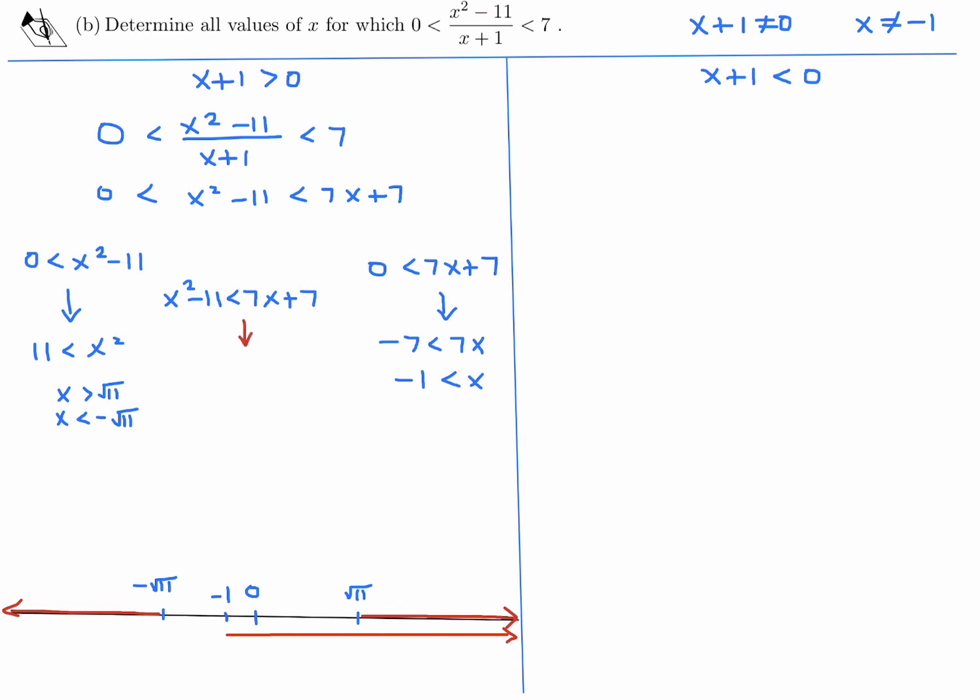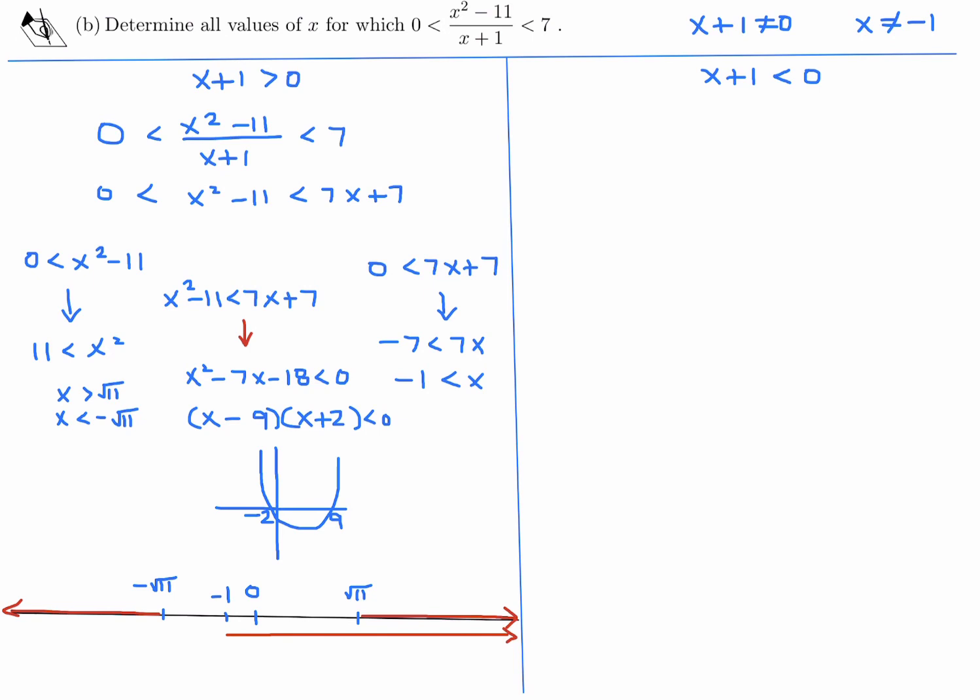Okay, now finally we got this one. And that one, we'll put everything on one side: x squared minus 7x minus 18 is less than 0. Factor this, and when you do, you get x minus 9 and x plus 2, I believe. So what that really means is if you were to draw it as a parabola, it has roots 9 and negative 2, and we want it to be less than 0.